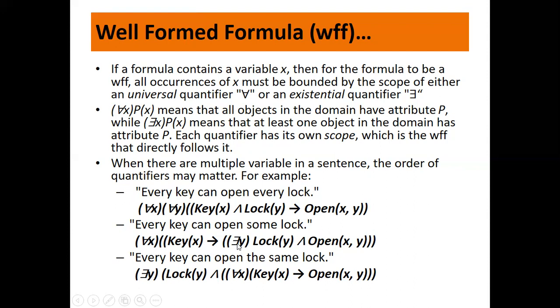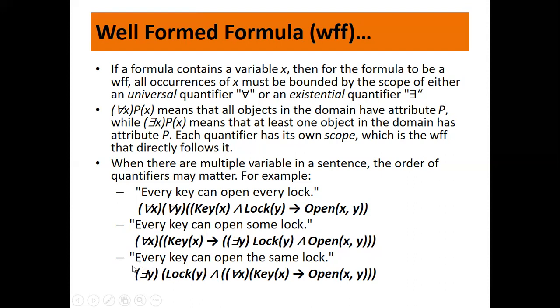So there exists an existential quantifier y, y is a lock and x can open y. That is, x can open some lock. Some is represented using this existential quantifier. So every key can open some lock. I hope you are understanding a bit of it.